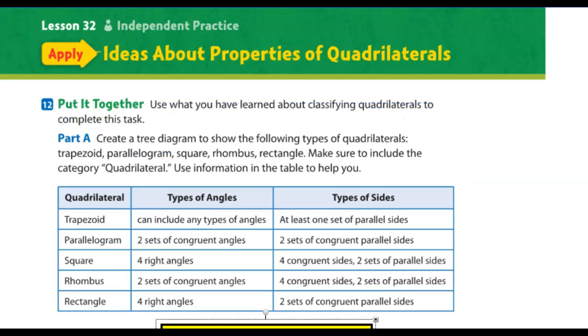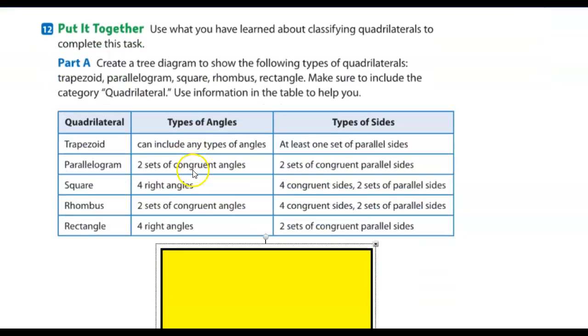Textbook page 339. Put it together. Use what you have learned about classifying quadrilaterals to complete this task. Part A. Create a tree diagram to show the following types of quadrilaterals: trapezoid, parallelogram, square, rhombus, rectangle.